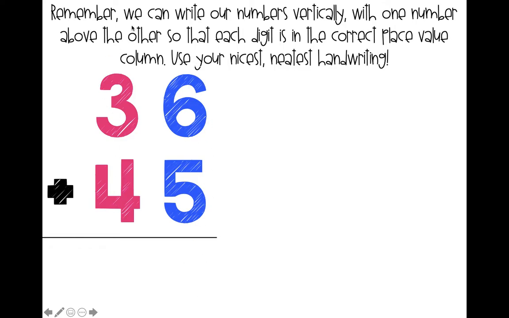And my tens are stacked just on top of the tens. Make sure that you're using your nicest, neatest handwriting so that you can keep track of your numbers and keep them in their right place value. Make sure you've written 36 plus 45 with your nice, neat handwriting.